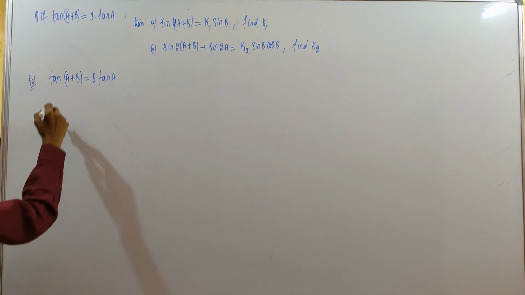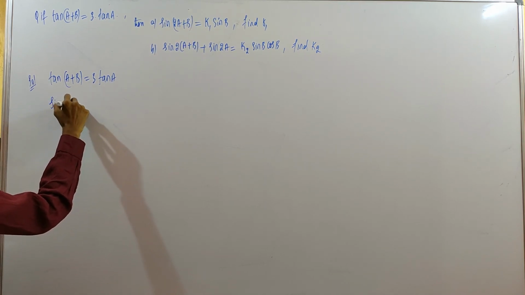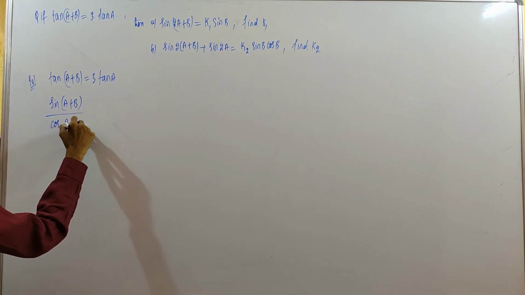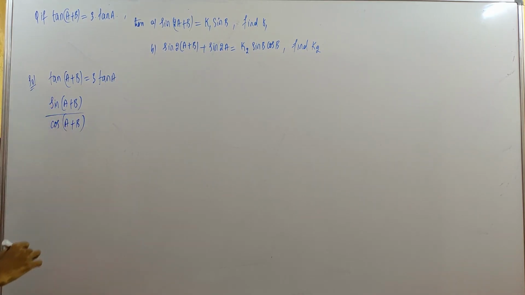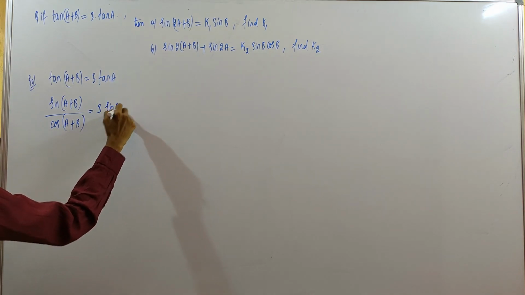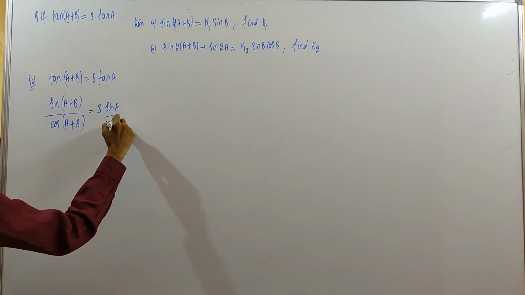Tan can be written in terms of sine, so sin(a plus b) divided by cos(a plus b). So tan can be written as sine by cos. Similarly, 3 tan a is 3 sin a divided by cos a.